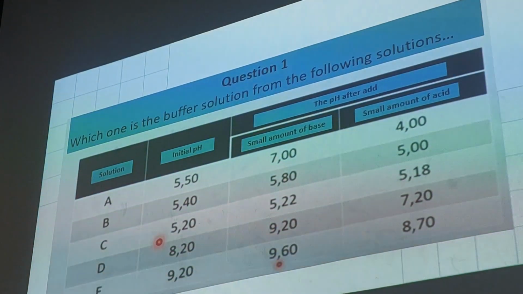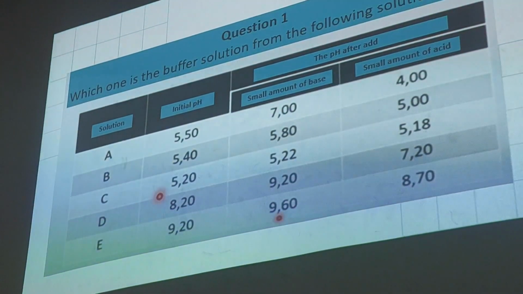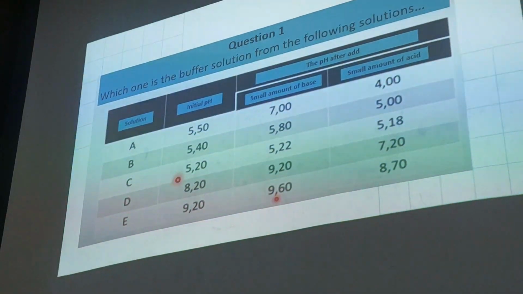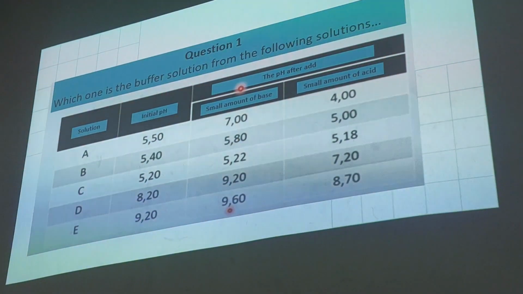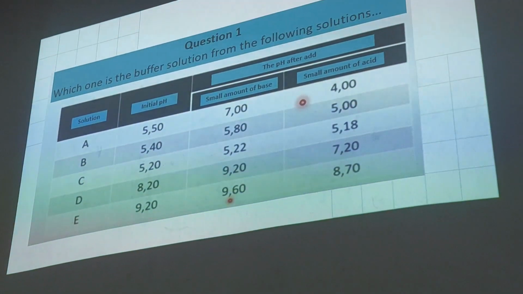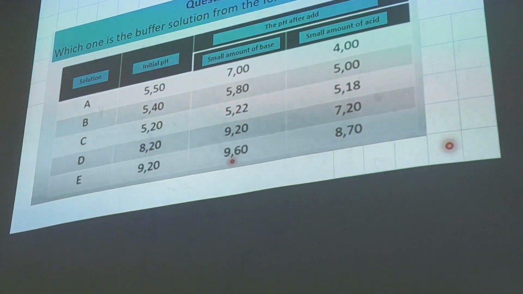We don't have any time anymore, so perhaps you can study by yourself. Okay, just one question. Question 1. Which one is the buffer solution from the following solutions?